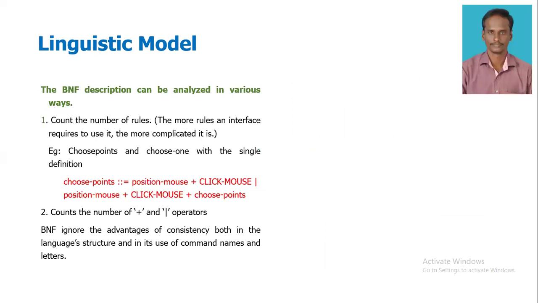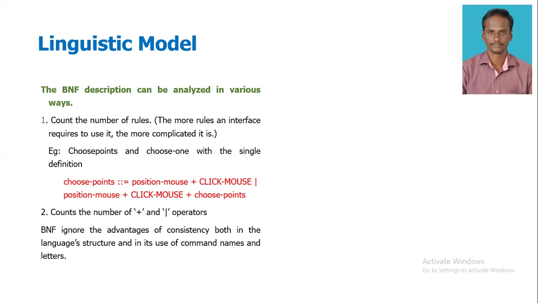The BNF description can be analyzed in various ways. First, count the number of rules. The more rules an interface requires to use it, the more complicated it is. For example, choose points is defined as position mouse and click mouse, or position mouse and click mouse and choose points.